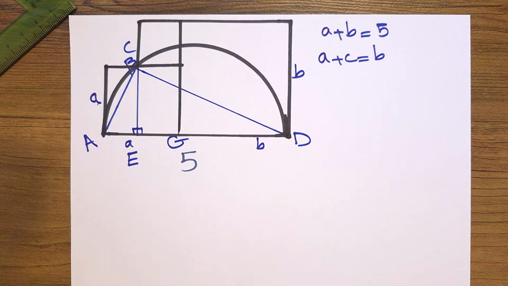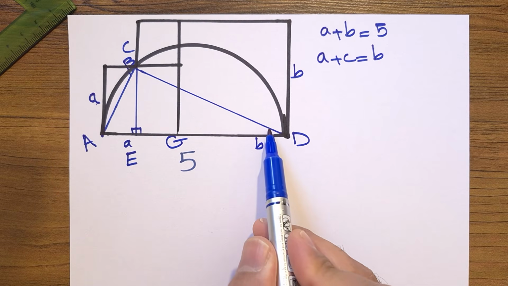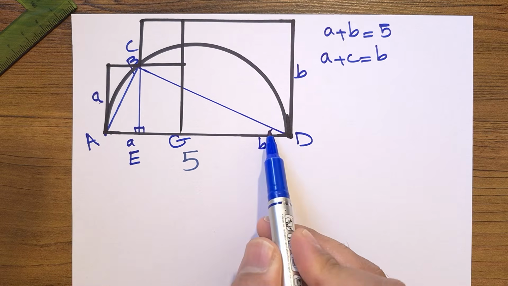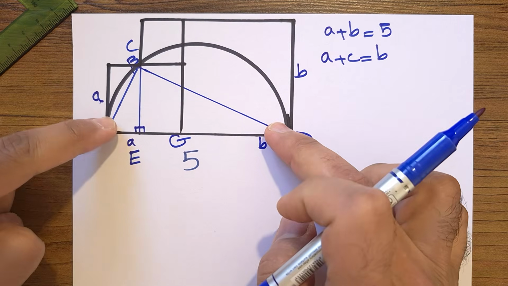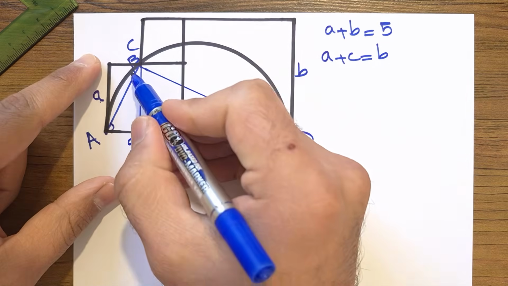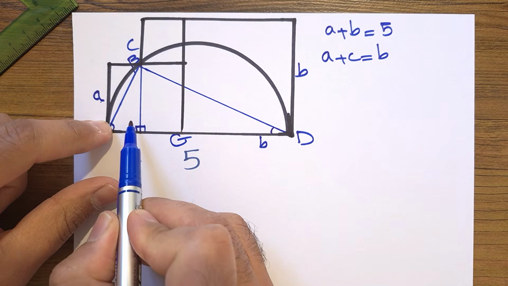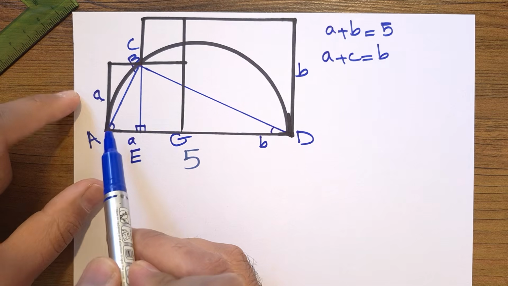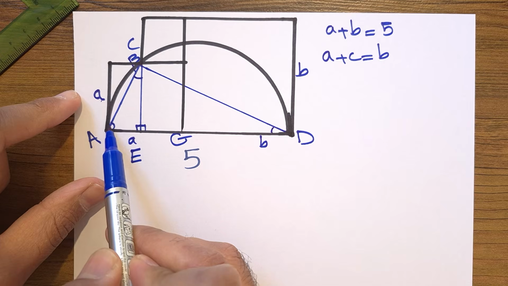In the biggest triangle, ABD, we can say that this angle plus this angle is 90 degrees, right? These two angles, if we add them together, are 90 degrees because that's a right triangle. And focus on this smaller triangle. This angle plus this angle is 90 degrees, right?